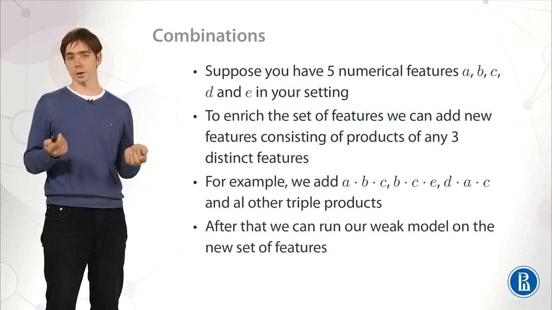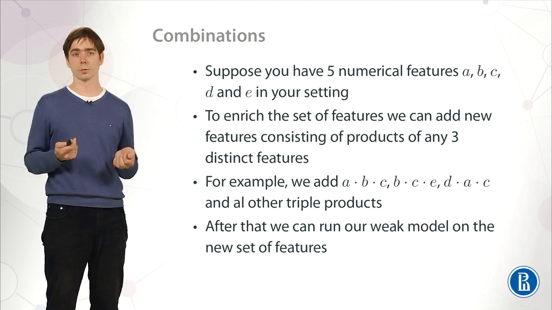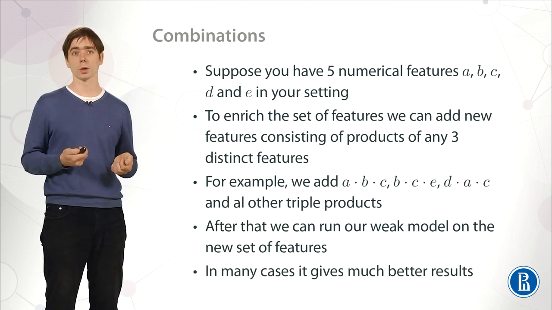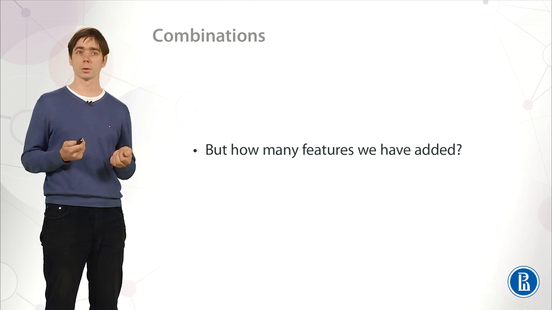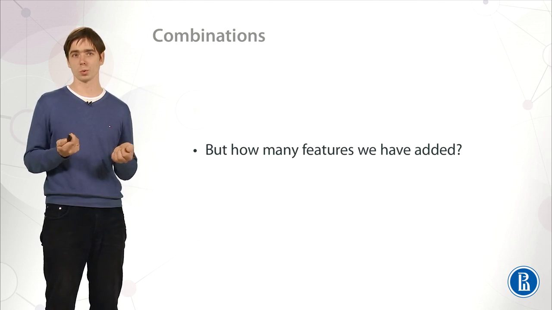Okay, and after that you can run your weak model on the new set of features, and in many cases it actually helps and it gives much better results. So this is one way to fix your problem. Okay, but to do this, we actually need to know how many features we have in the end. So how many features do we add?